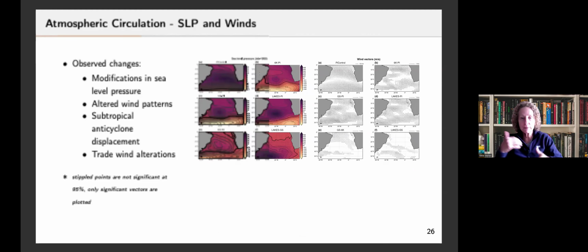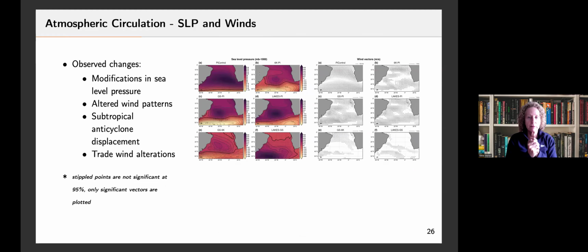And then, okay, now let's see what the atmosphere is doing, because the ocean is responding to the hydrological cycle, to winds, and to pressure. So this is sort of a busy slide, but again, the A is the control field, the mean field.